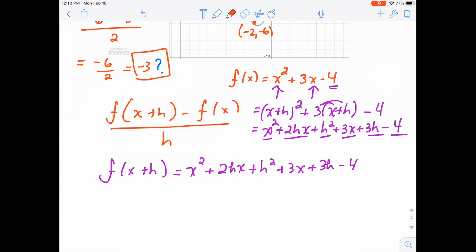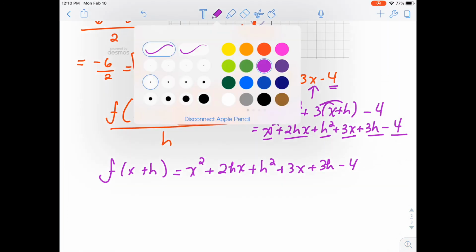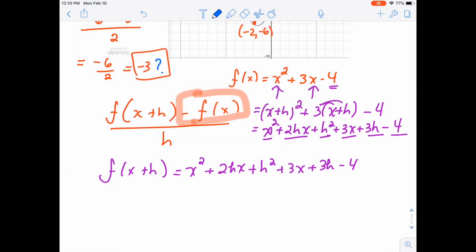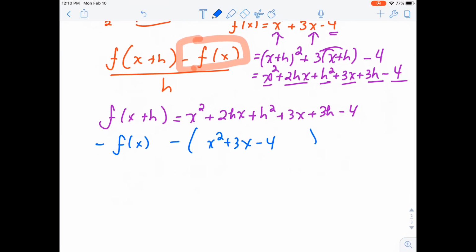Now the next part asks us to then subtract f of x. So what does that mean? I am subtracting my x squared plus 3x minus 4 polynomial. If I'm subtracting it, it's like multiplying by -1 and making sure that all of these terms are changed accordingly.